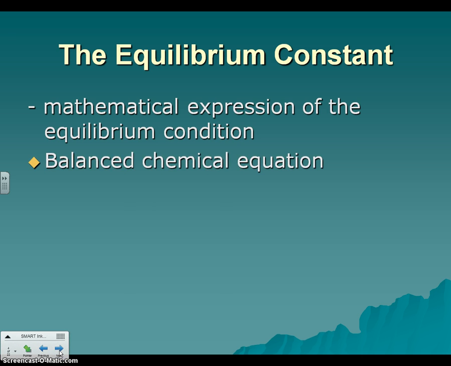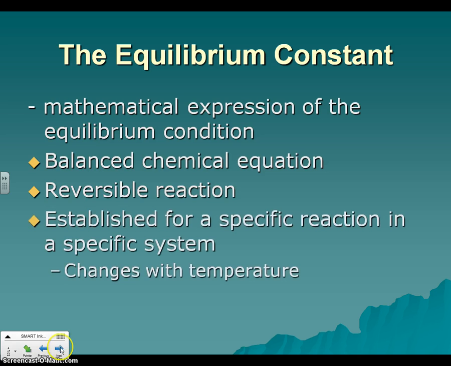What we have to start with, of course, is our balanced chemical equation. The only time that we really use these equilibrium constants is when we have a reversible reaction. It is established for a specific reaction and any specific set of conditions. And the only thing that can really change the equilibrium constant is temperature.